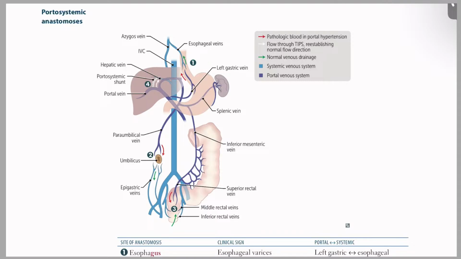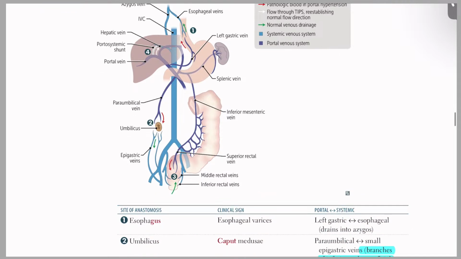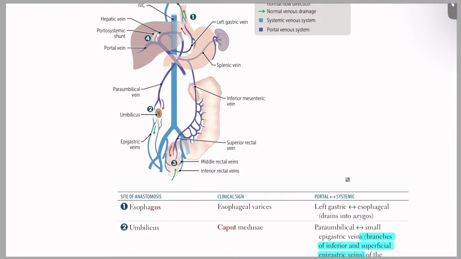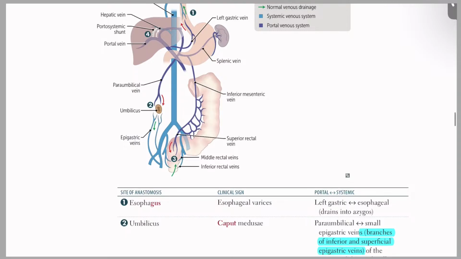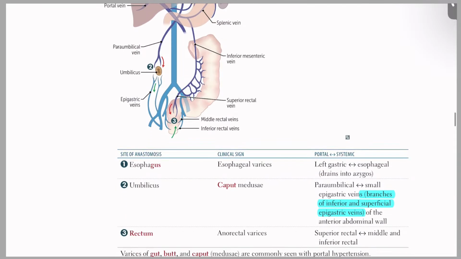Left gastric vein, stomach, splenic vein, hepatic vein, portosystemic shunt, portal vein, paraumbilical vein, umbilicus, epigastric vein, inferior mesenteric vein, superior rectal vein, middle rectal vein, inferior rectal vein.